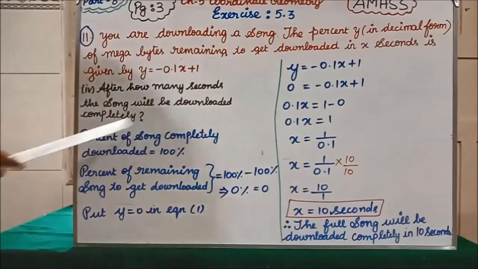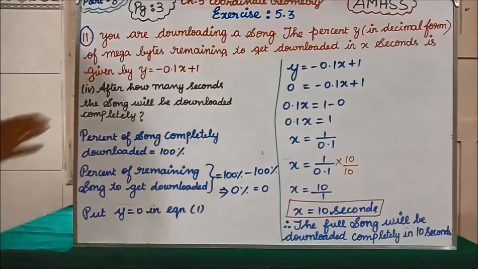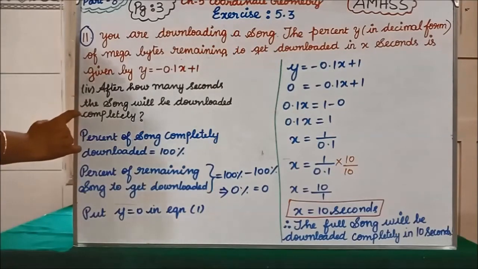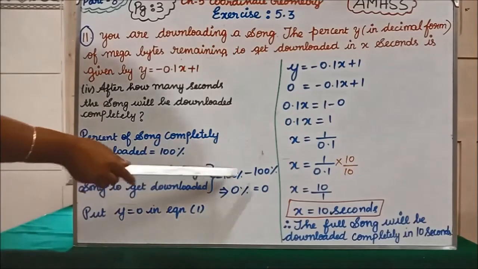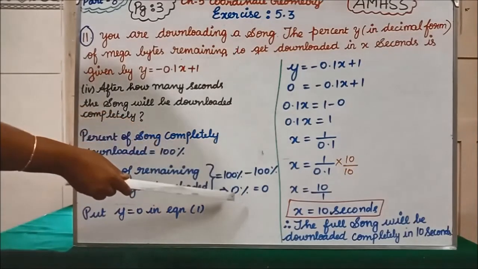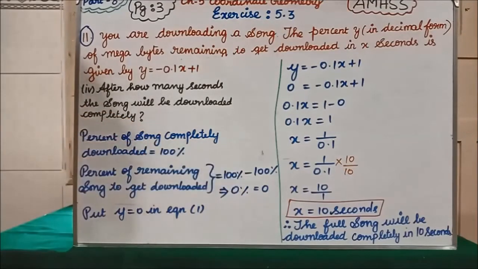Percent of song completely downloaded in this fourth subdivision is 100%, the song is fully completed. Percent of remaining song to get downloaded is what? Fully completed means it's fully downloaded, so 100% minus 100% is 0%.